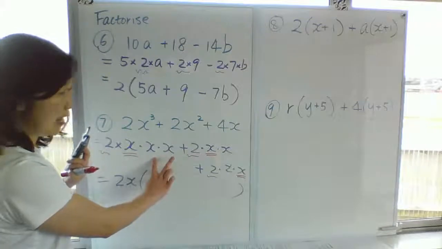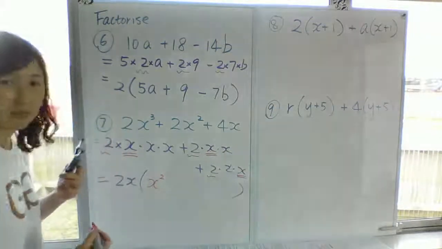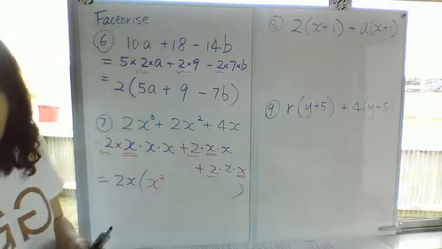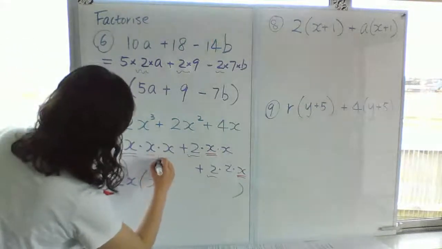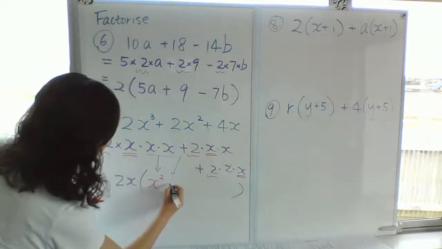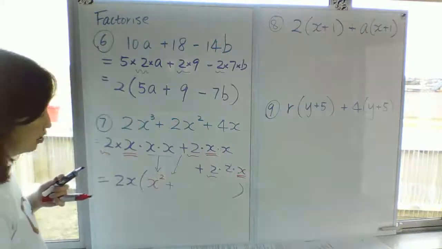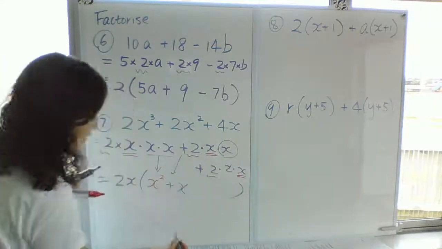So x times x will be x squared. Yep. I just want to make sure that you guys are following here. So this x times x is the x squared here. And then you have the plus sign left. And you also have another x left, so I put x behind it.